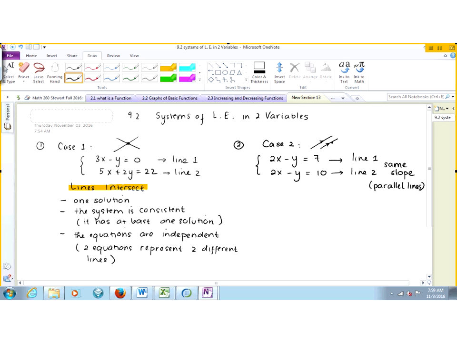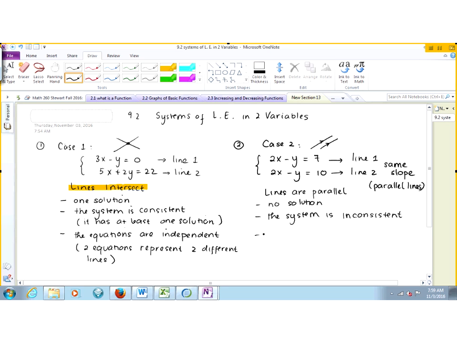These two lines are parallel, and then there is no solution. If there is no solution, the system is inconsistent.